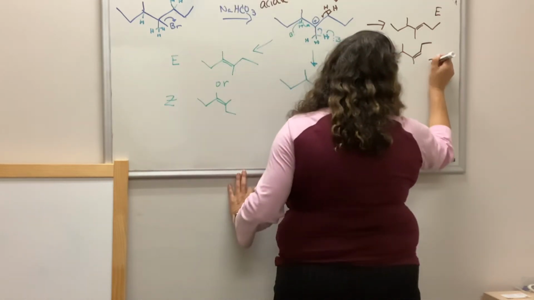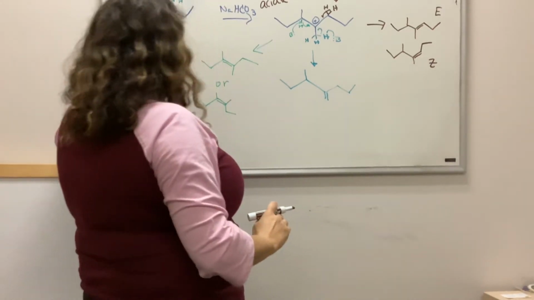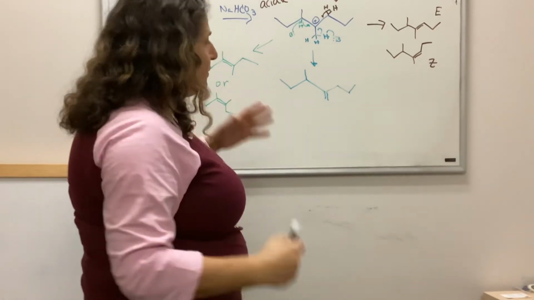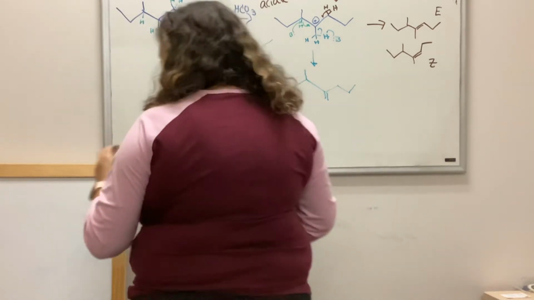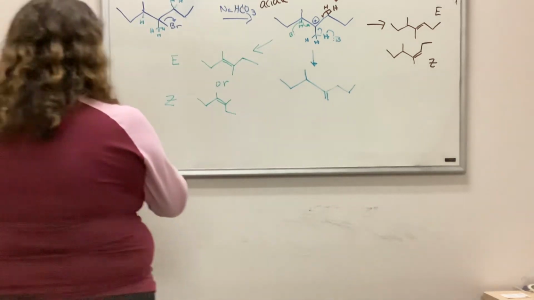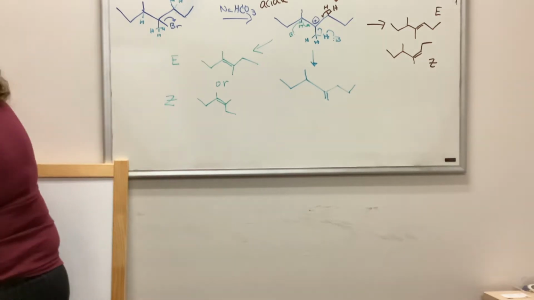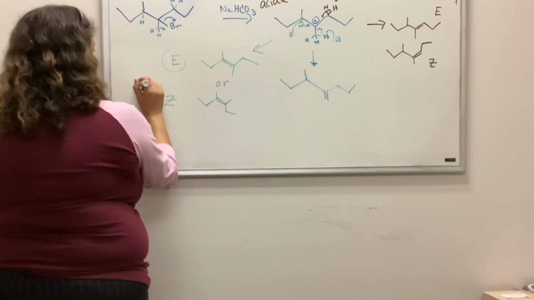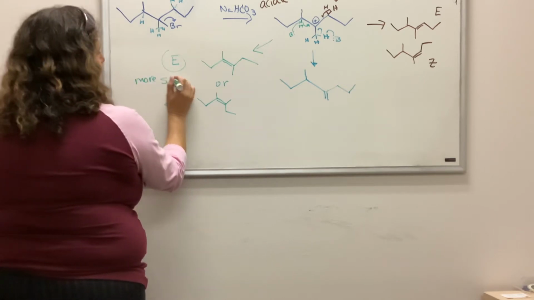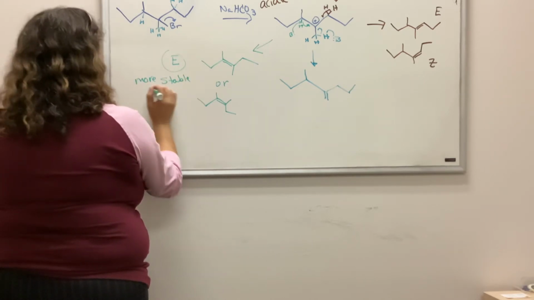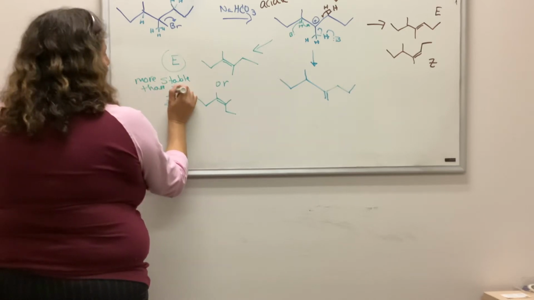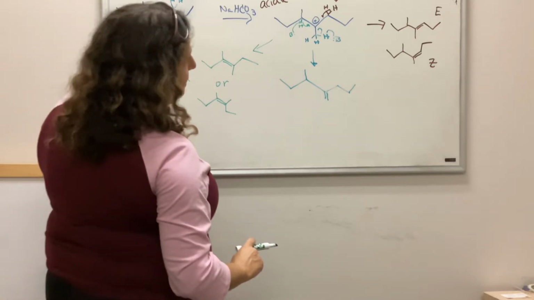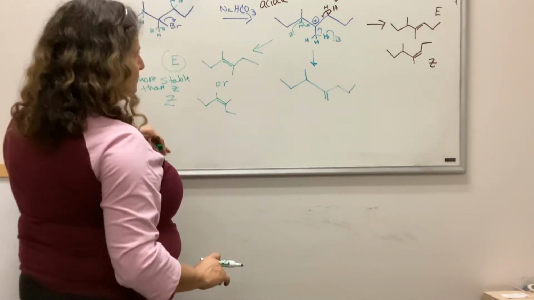So I have a possibility of 5 different products. We already know that E is more stable than Z, right? Now we're going to look at substitution on our hydrogens.